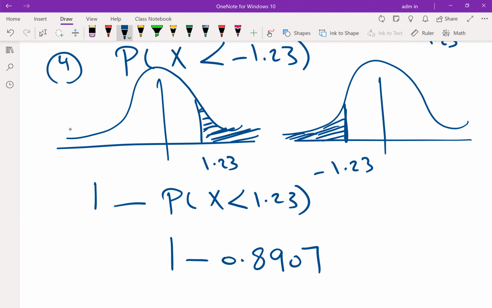Till now, I explained 4 cases. Without sketching the graph, you can get your answer: less than a positive value directly from the table, more than a positive value 1 minus, more than a negative value exactly the same, less than a negative value 1 minus.